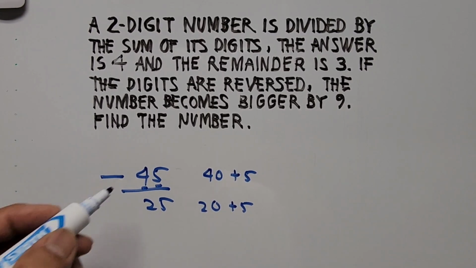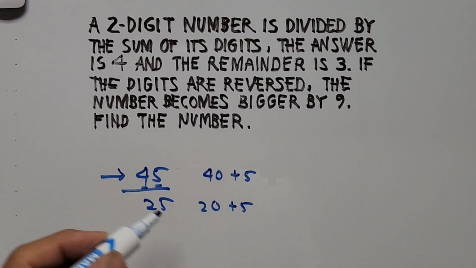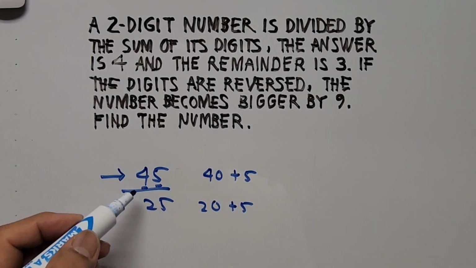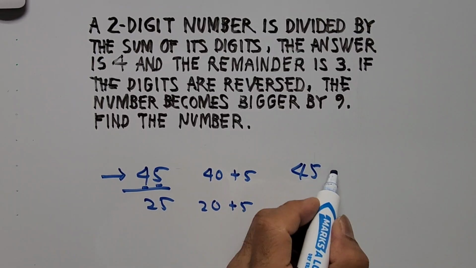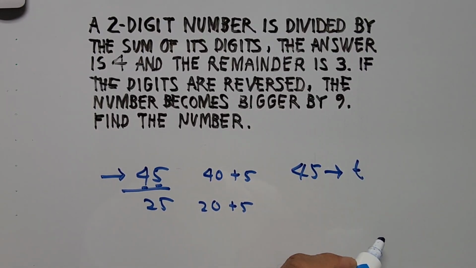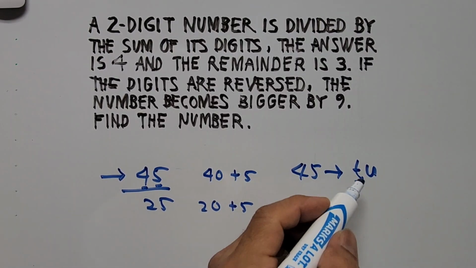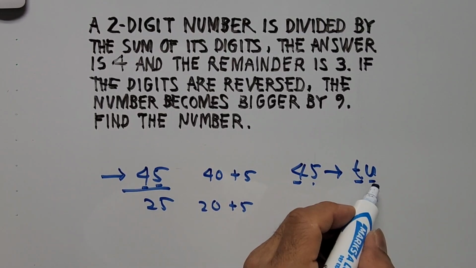Let's go back to number 45 over here. If we designate a letter for each digit, so this is 45, we can write this as T and U, right? Where T stands for the tens digit, that's 4, and U stands for 5, the units digit.